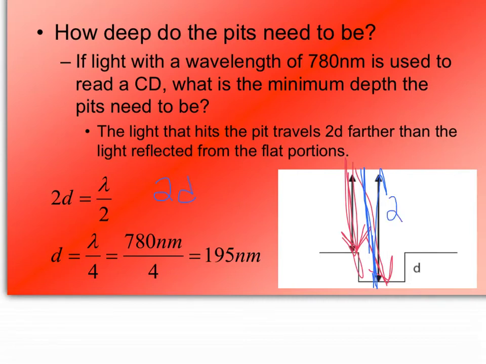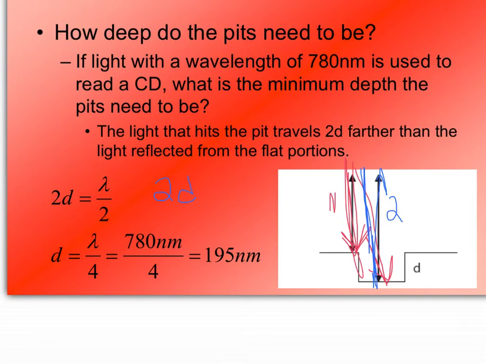So if the blue one is 2, the red one is 1. Number 2 travels 2d further. It travels a distance further by a factor of 2 times the depth of that pit. So that means that 2 times the depth of the pit has to equal 1/2 the wavelength.